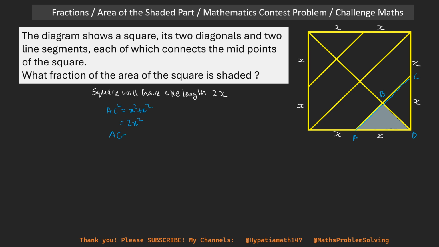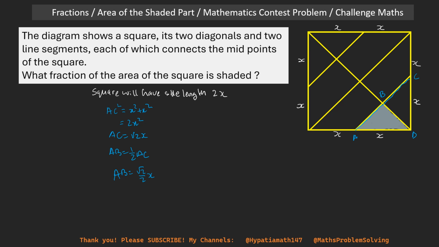So AC would be root 2 x. Now AB is half of AC, so AB would be root 2 out of 2 x. That's AB.